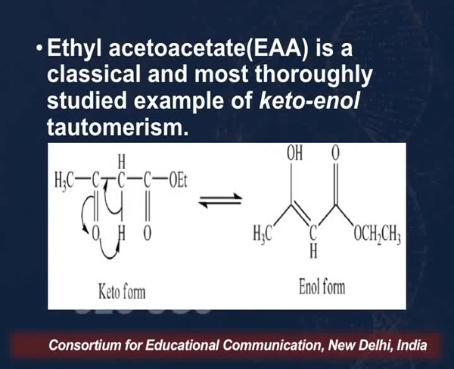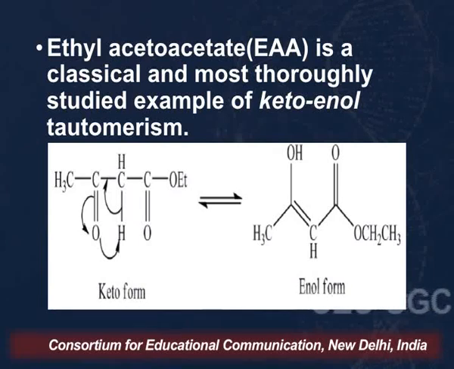This positive charge on the carbonyl carbon in turn pulls the sigma electrons between the alpha carbon and the alpha hydrogen, which results in a double bond between the carbonyl carbon and the alpha carbon, and at the same time there is a negative charge on oxygen. This oxygen picks up a proton, that is the alpha hydrogen, or it picks up a proton from the solvent, resulting in the enolic form. In the enolic form, the OH is directly attached to a double bond.